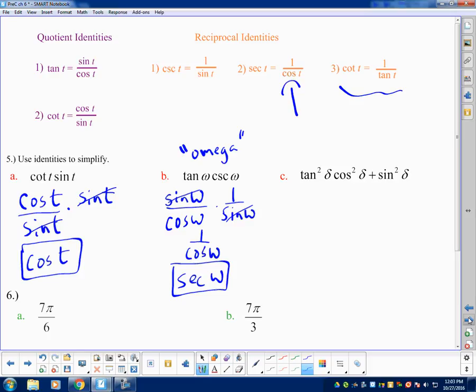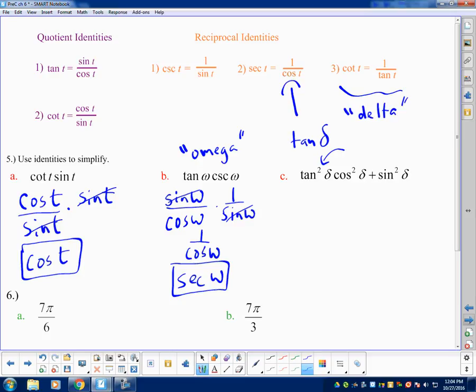All right, tangent squared. What we typically do with the powers on trig functions is we write the power in front of what's called the argument. It's just like with logarithmic functions. This is called the argument right here, what we're taking tangent of. What we mean here is that this is the same as, let me write it up above, this is the way to think about it. Tangent, oh, this is, by the way, delta.